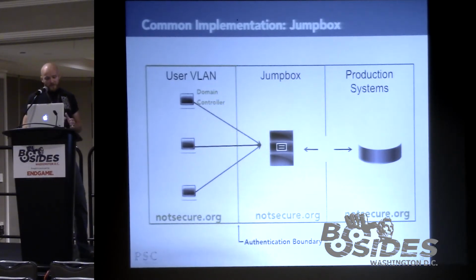The next common implementation flaw I found is what I think of as the single authentication zone. So maybe you have two networks that are dissimilar, you have some sort of segmentation between them, but they're both using the same AD. The obvious problem here is that if you're authenticating with the same credentials to two zones, are they really two zones?